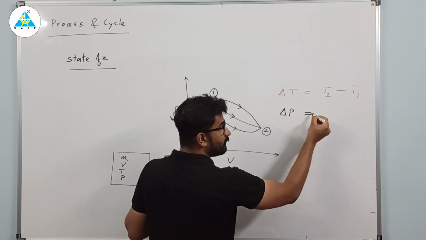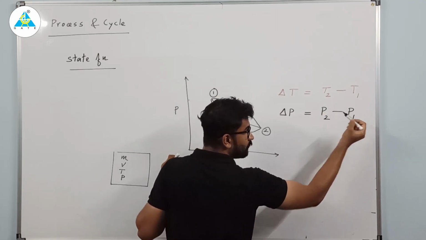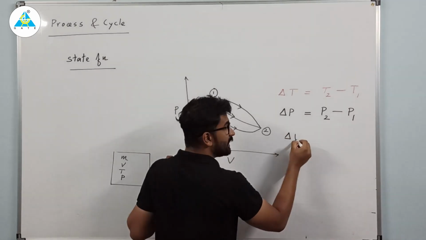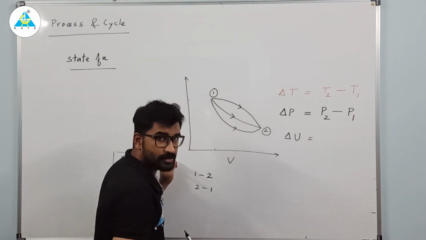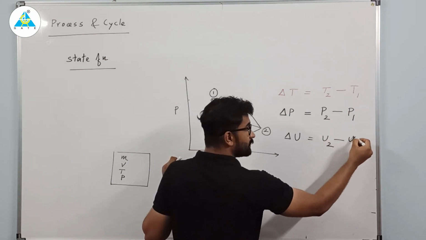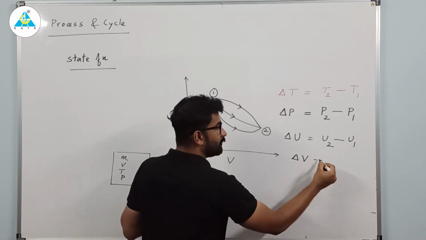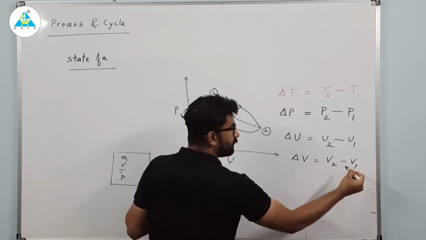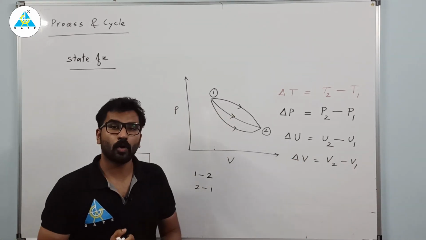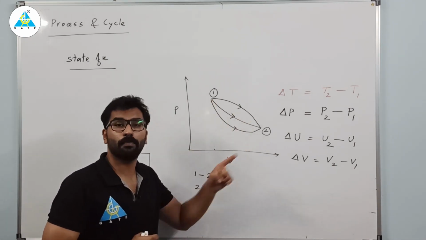It will be the pressure at state 2 minus pressure at state 1. What will be the change in internal energy between process 1 to 2? It will be the final internal energy minus the initial internal energy. What will be the change in the volume? It will be V2 minus V1. Because all the properties are state functions, that does not depend on path.